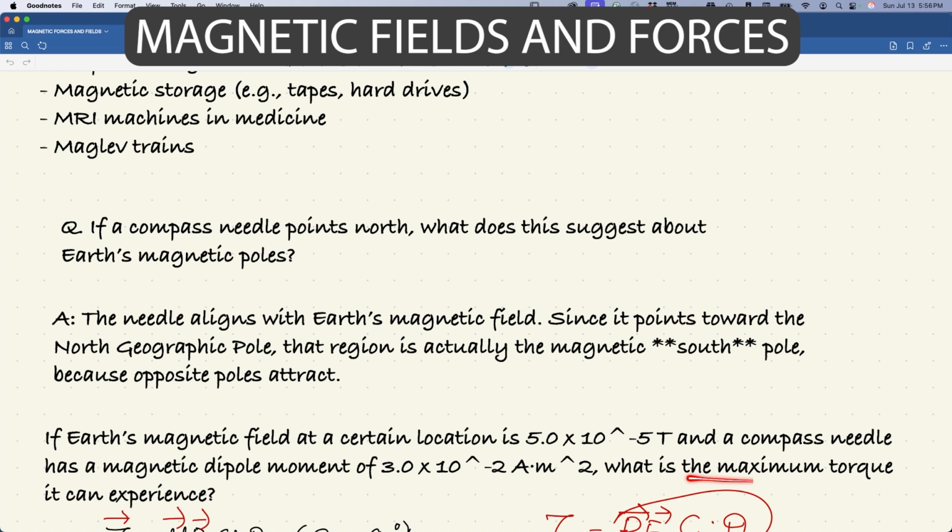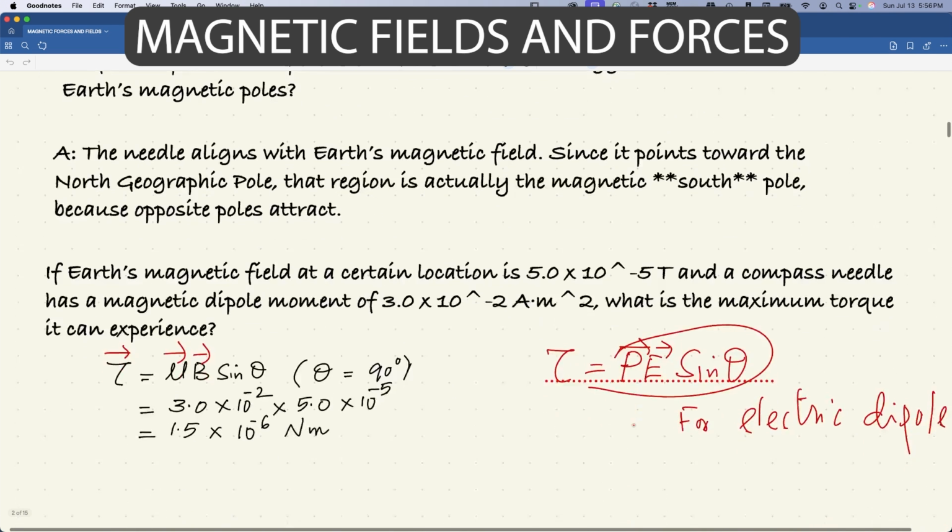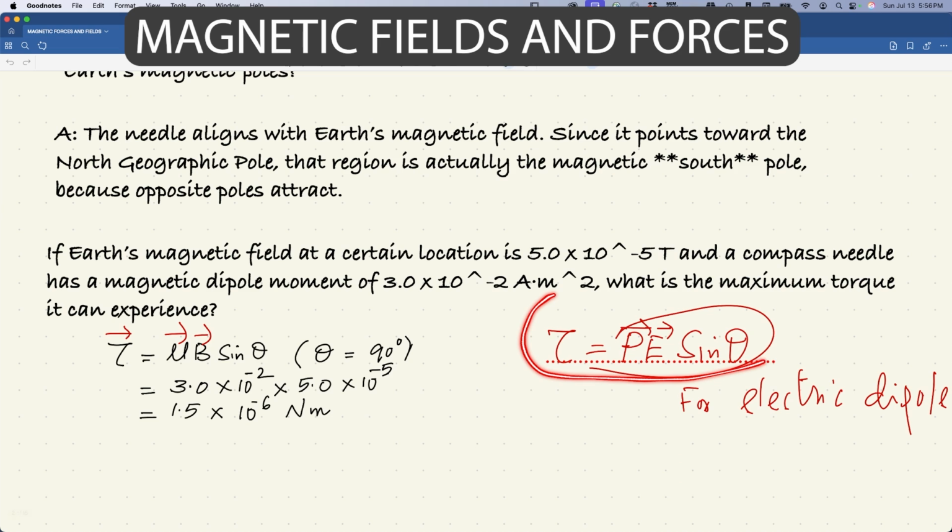But here, what's the maximum torque it can experience? So this is similar to this formula that you studied, where if you have an electric dipole in an electric field, you have a torque acting on it, which is given by pE sine theta, right? Similarly, you have mu B sine theta, where mu is the magnetic dipole moment and B is the symbol for magnetic field, comparable to electric dipole moment and electric field.